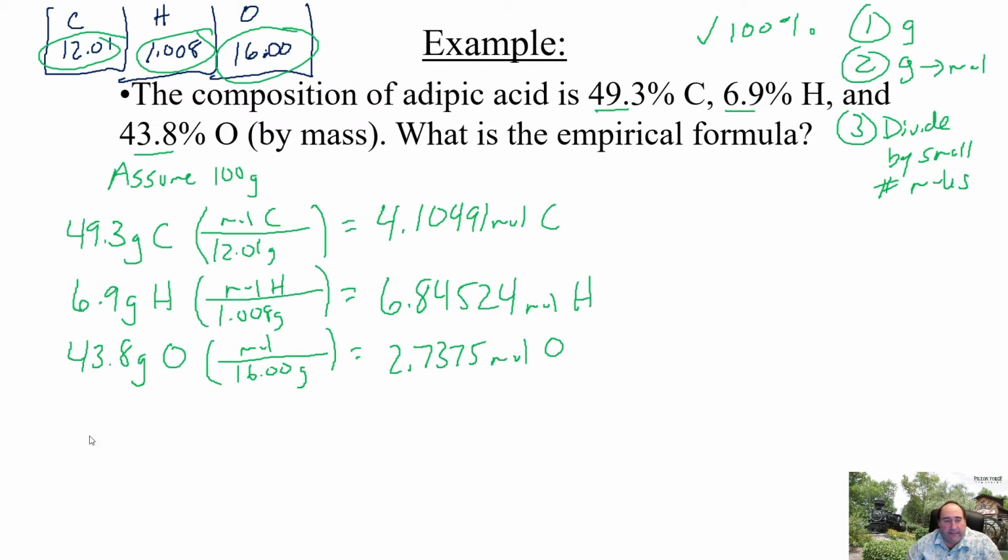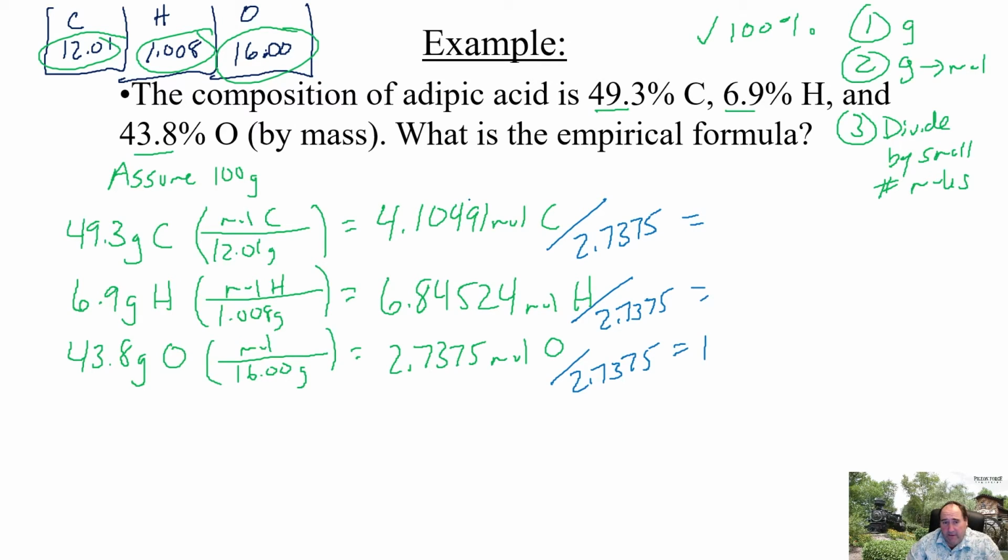So last thing we want to do here is divide by the smallest number of moles. All right, so in this case, it looks like we are going to be looking at oxygen as the smallest. So we're going to divide everybody by oxygen, which is our 2.7375. That's going to give us a 1 there for our oxygen.